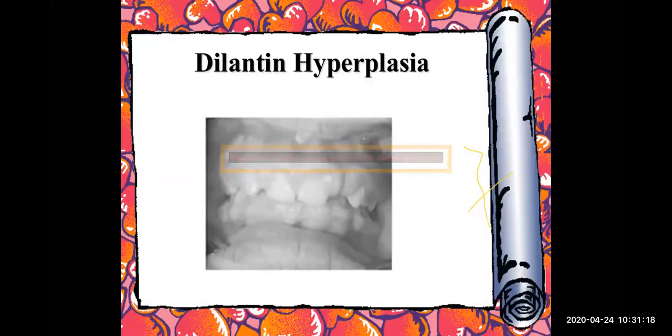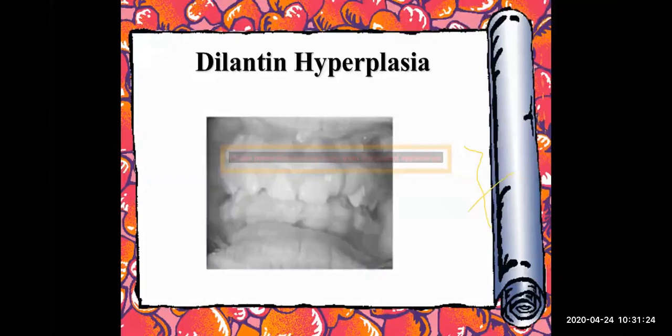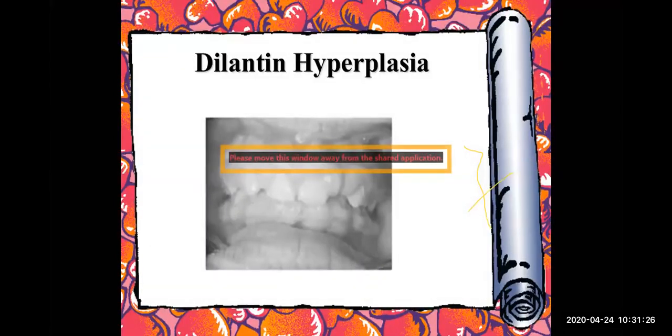So hyperplasia, you see here. When we find such a case, we had a few cases of this hyperplasia also. Phenytoin. So we had to refer it to the periodontia department, and every 3 to 6 months we keep sending the patient, and they will be doing the gingivoplasty.